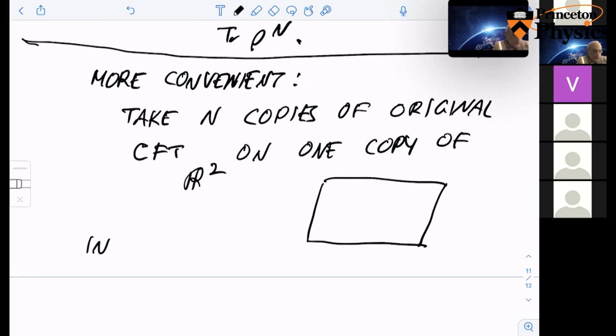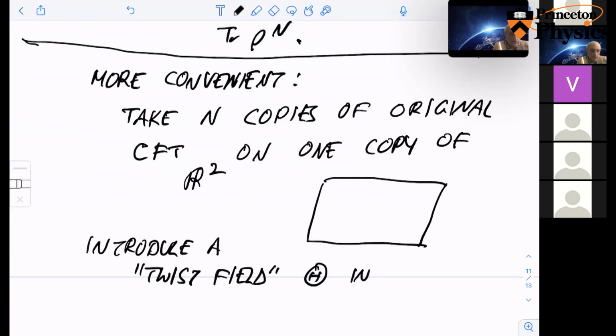But then we introduce a twist field theta in this CFT that permutes the n copies.